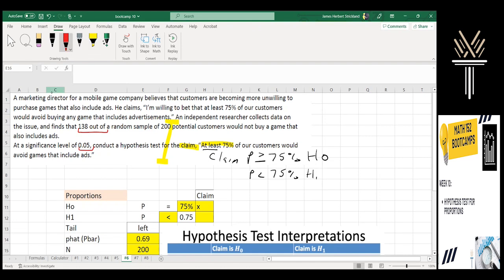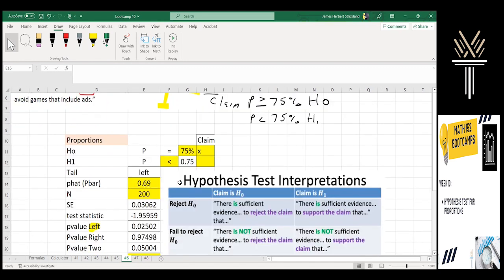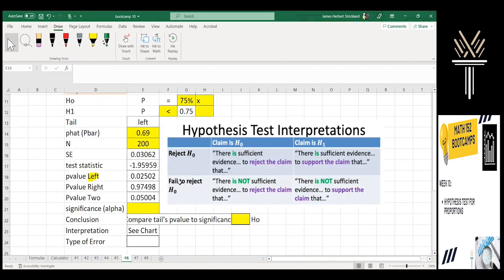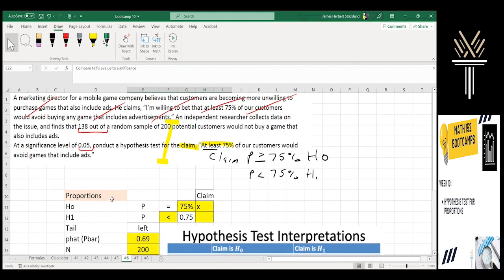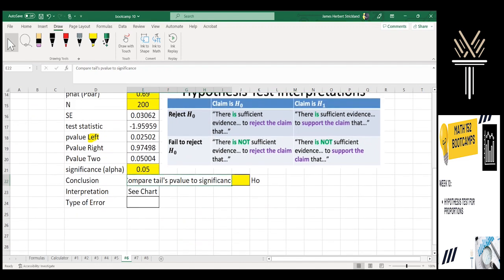You get to cut out all this other stuff that we didn't need to read and just save so much time. This test coming up is a lot of word problems. So you got to find ways to get through this a lot faster. But it's 0.05 because it tells us right here, significance level. And so looking at the left-tailed test, 0.025, the p-value is smaller than alpha, so we reject.